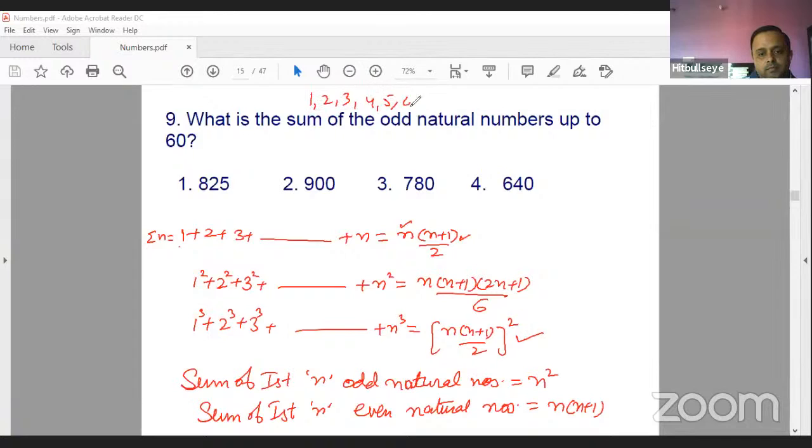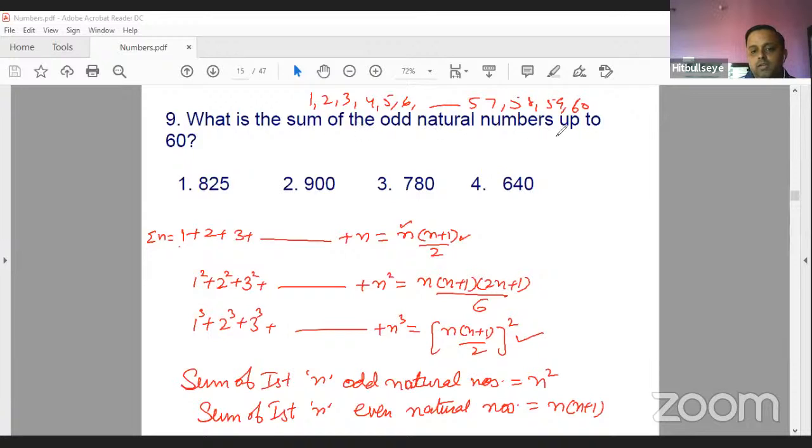Obviously, up to 60, half of the numbers will be even and the remaining half will be odd. So the total number of odd numbers up to 60 will be 30.